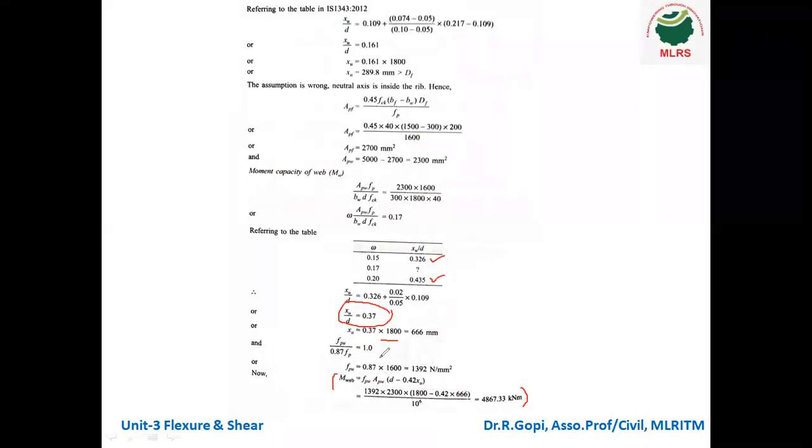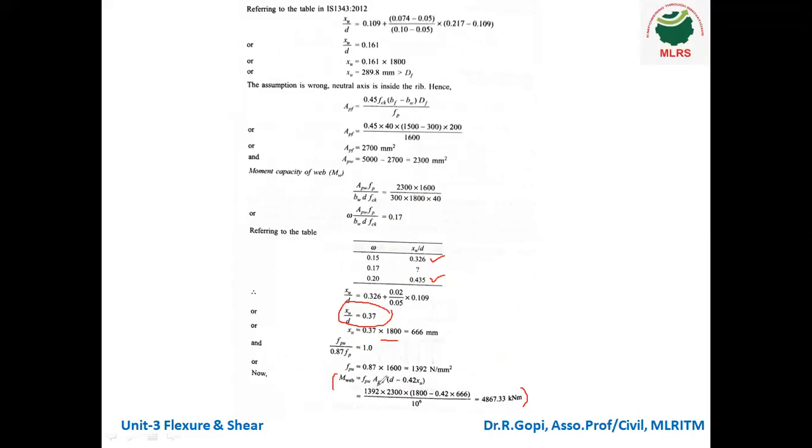Previously we substituted APS, but in this formula, since the moment of resistance lies in the web, we slightly change the formula: FPU into APW into (D minus 0.42 XU). So FPU is 1392, APW is 2300, D is 1800.